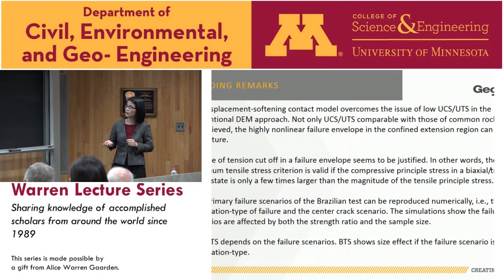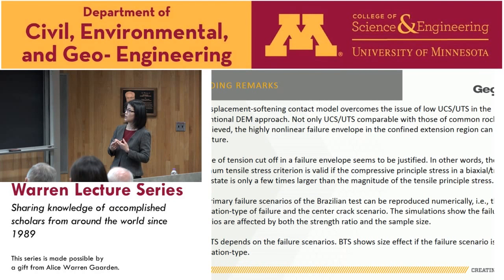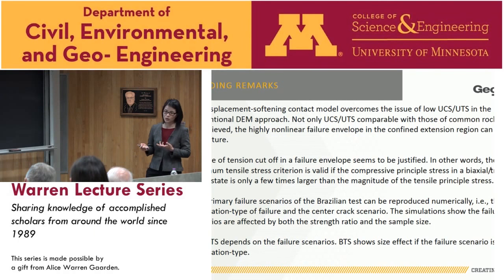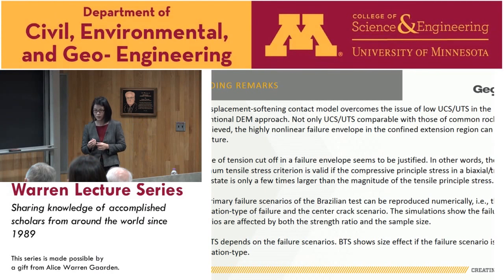So in summary, we've developed a displacement softening contact model that overcomes the issue of the low strength ratio in DEM modeling. And the numerical result seems to justify the use of tension cutoff for the failure envelope. And also, with the strength ratio now being realistic, we've observed a very interesting phenomenon in the Brazilian test.